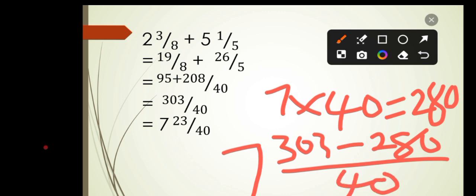What do we get? 303 minus 280 will give us 23 over this 40, the LCM. So what do we have now? We have 7 whole number, 23 over 40. That's how we got this answer.